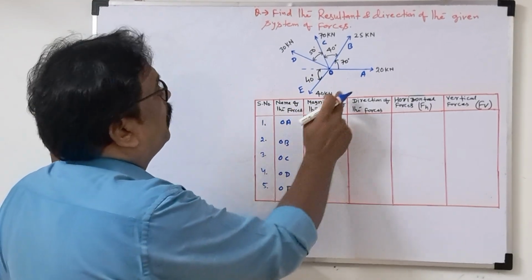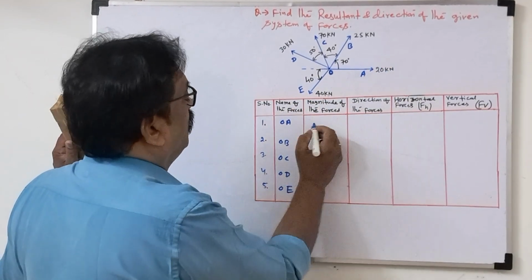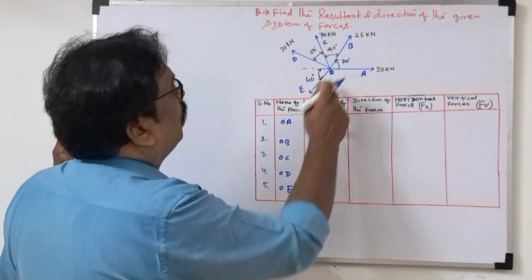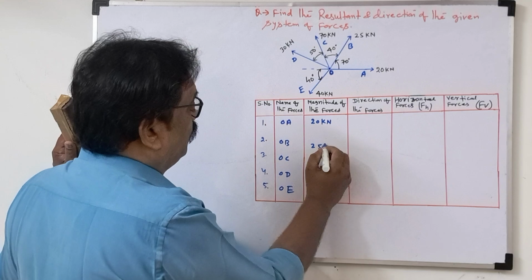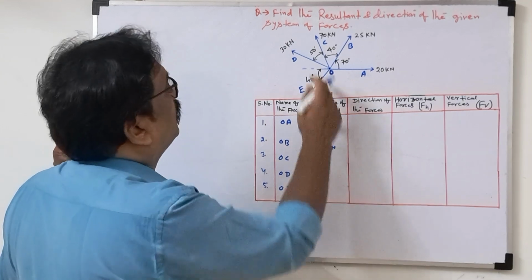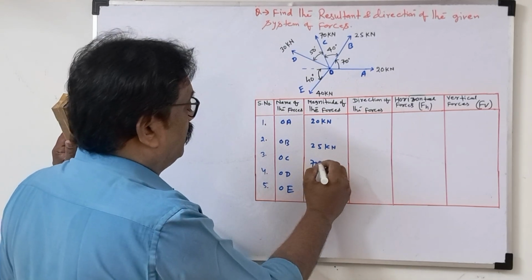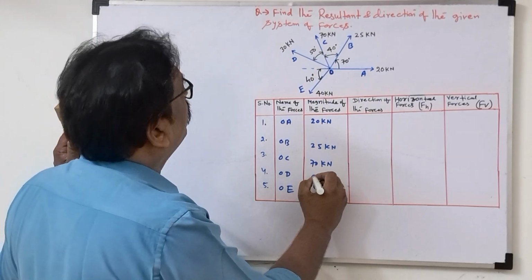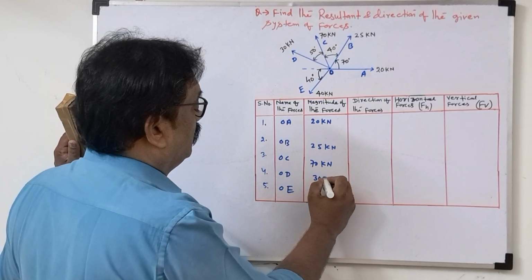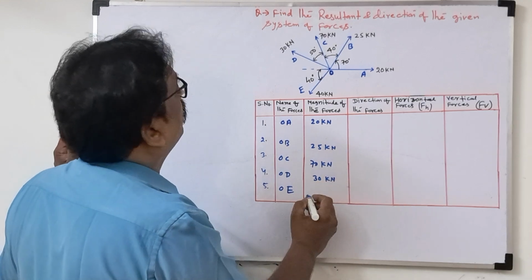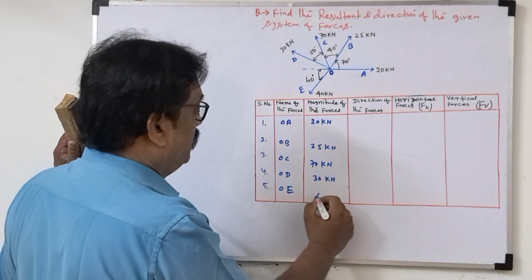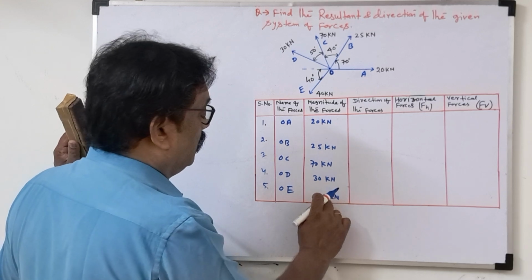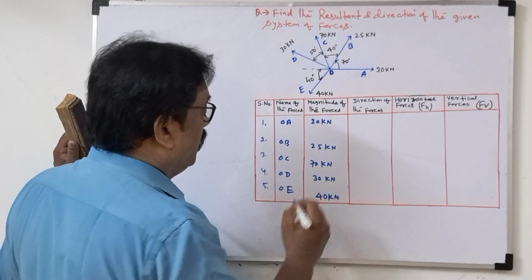For OA they gave 20 kilonewton, OB 25 kilonewton, OC 70 kilonewton, OD 30 kilonewton, and OE 40 kilonewton. So I wrote all the magnitudes.